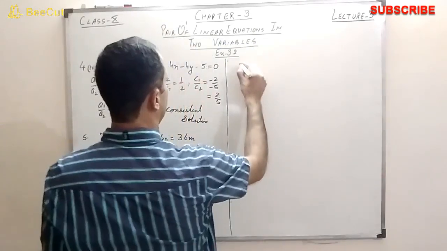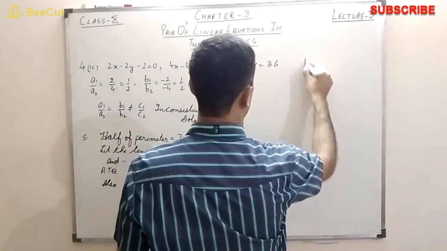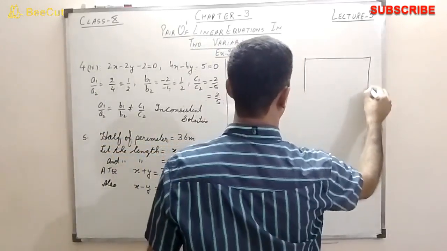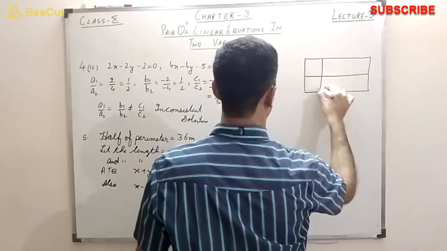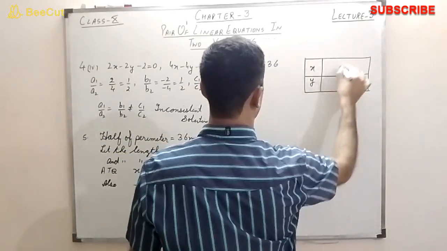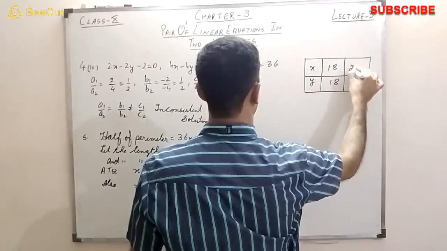For the first equation, x plus y equals 36: 18, 18 and 20, 16.